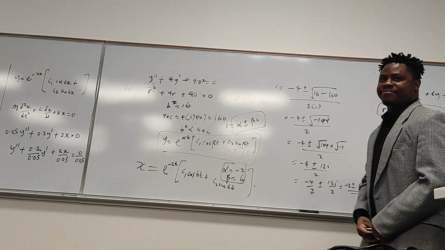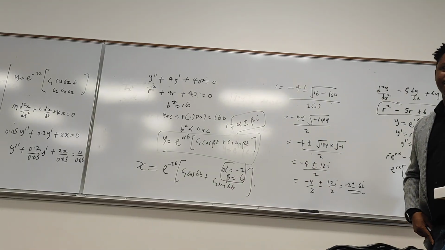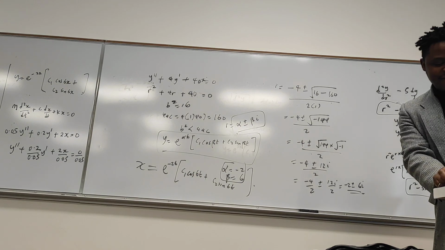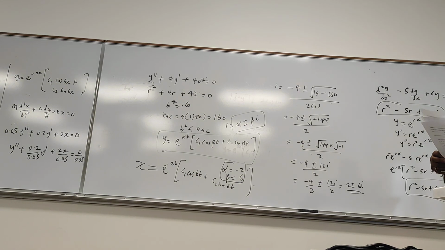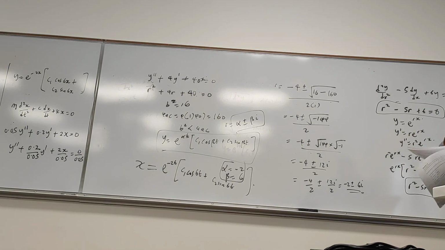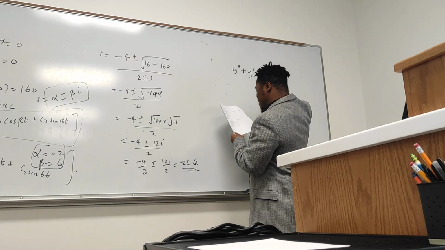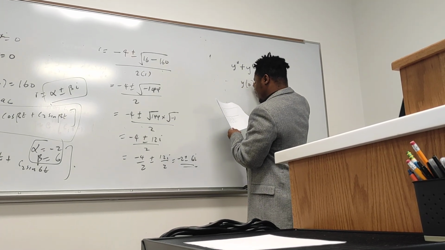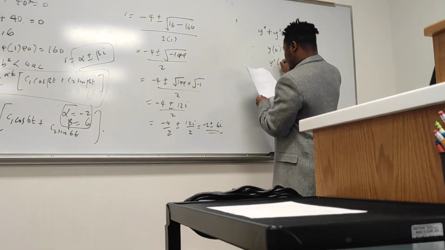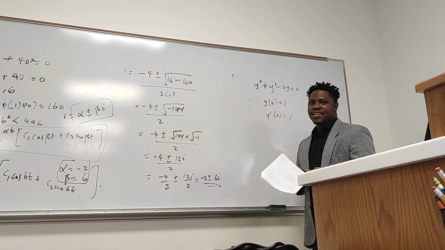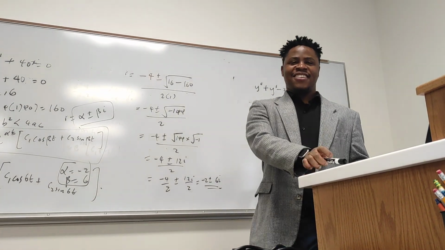Okay, Paige, do you have a question now? Great. Let's go a little bit further. Do we have time? We have time. So y of 0 is 0, y prime of 0 is 1. Okay, if you've done this, tell me the answer.